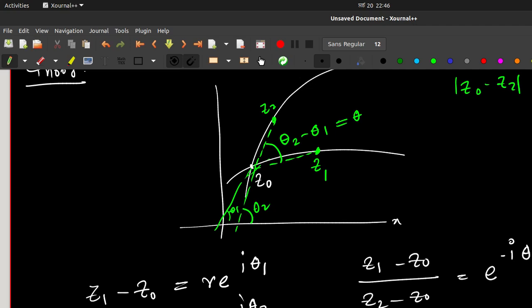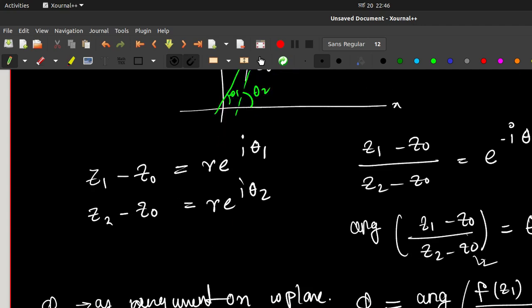So e to the power i theta would be z2 minus z0 over z1 minus z0, it would be the inverse. So 2 will become 1 over here. Similarly over here phi would be z2, z0, and there will be a 1. So these are pretty small corrections. You can also do it the other way. All you will have is an extra minus in front.